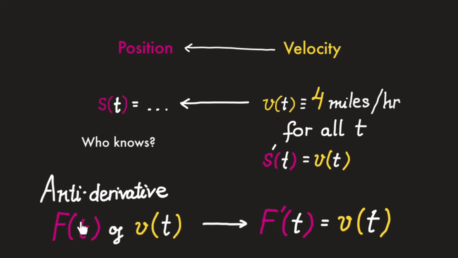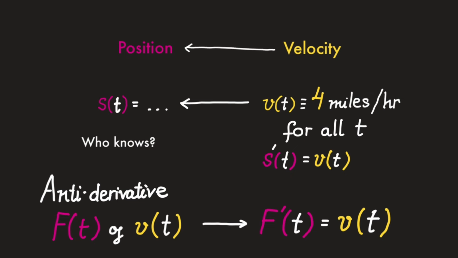Actually, the position function of any other runner who runs with exactly the same velocity as yours will be an antiderivative of v. Right? You see, if f(t) is the position function of some guy, say Frank, at time t, and you know that the velocity of Frank is given by the function v(t), then you know that f'(t) must be equal to v(t), and so f(t) must be an antiderivative of v(t).